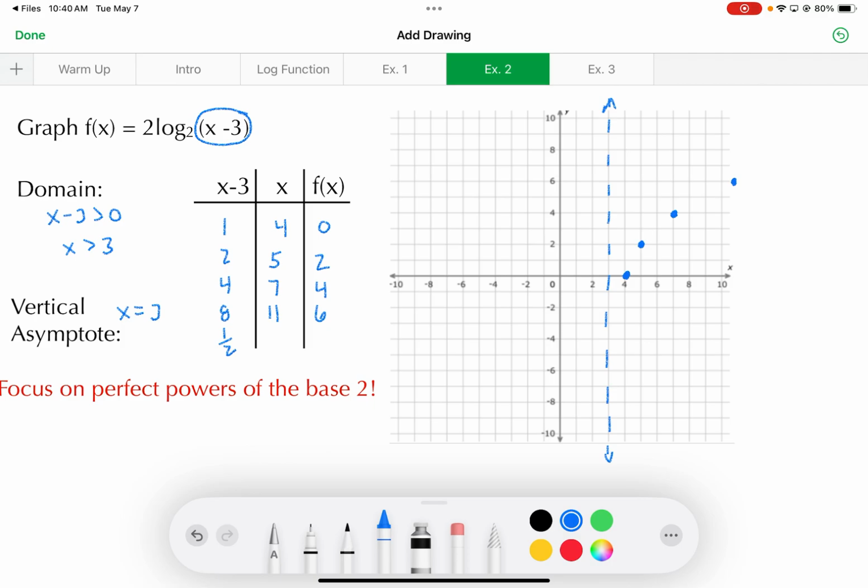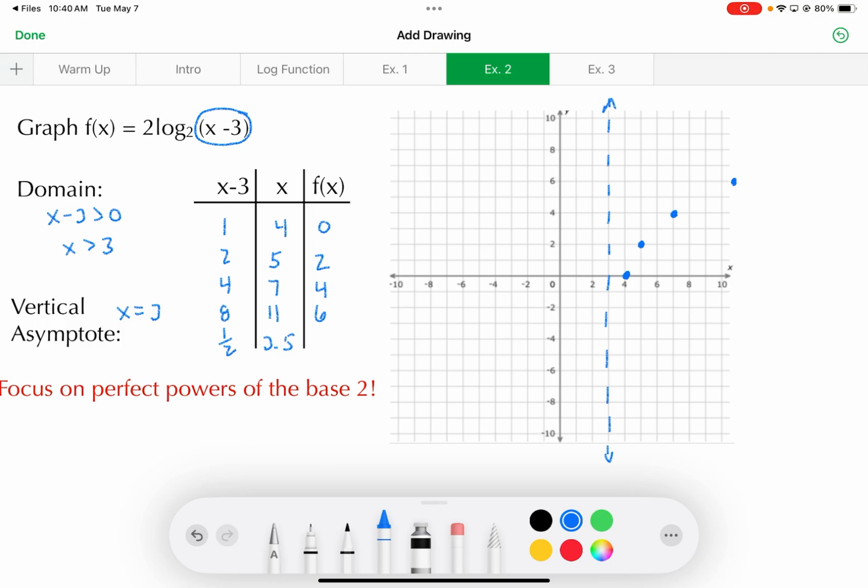What number minus 3 is 1/2? 3.5. So 3.5 minus 3 is 1/2.